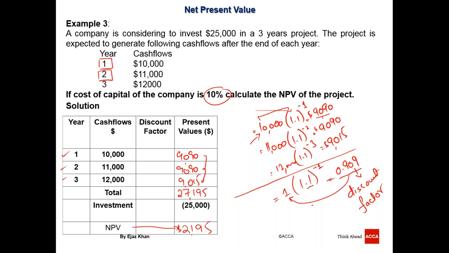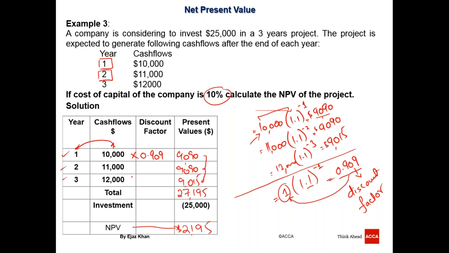Like in this example, for every $1 to be received in 1 year's time, we need to invest $0.909 today if we need to generate a 10% return. So for every $1, it should be 0.909. Then how much should be invested for $10,000, which will be received in 1 year's time? We just need to multiply it.